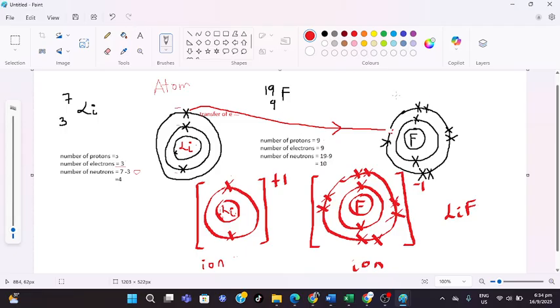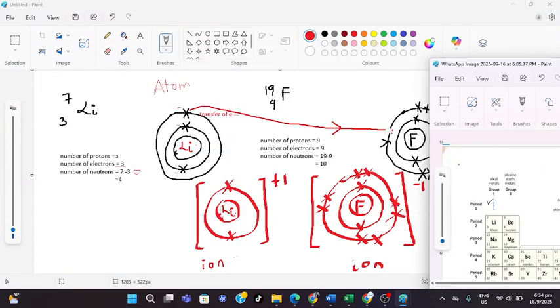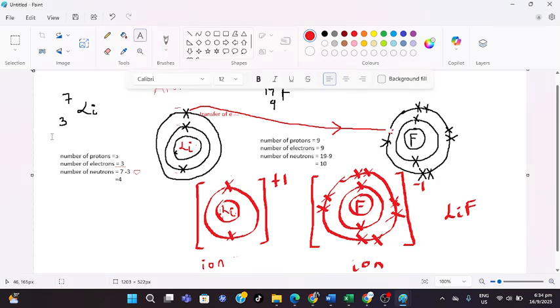Let me put the word lithium there, just in case. So this is going to be lithium, and this is going to be fluorine.